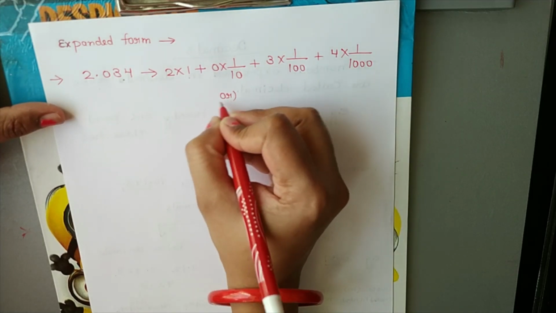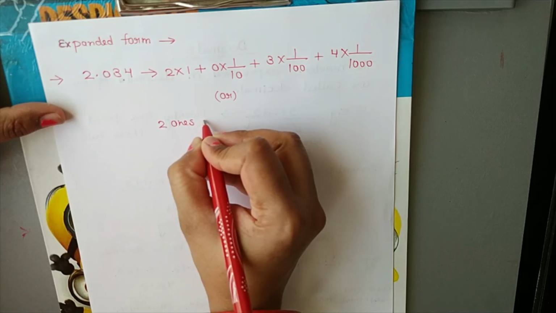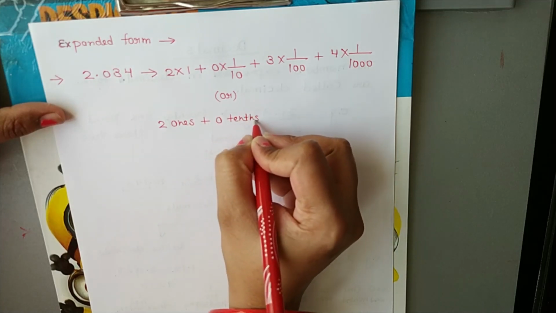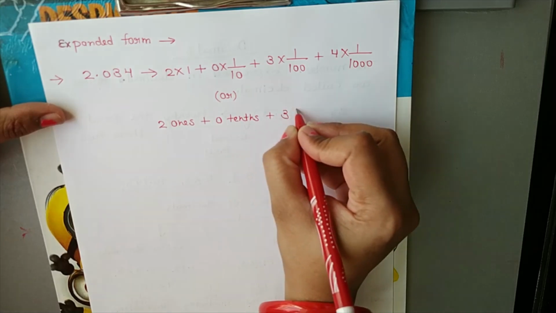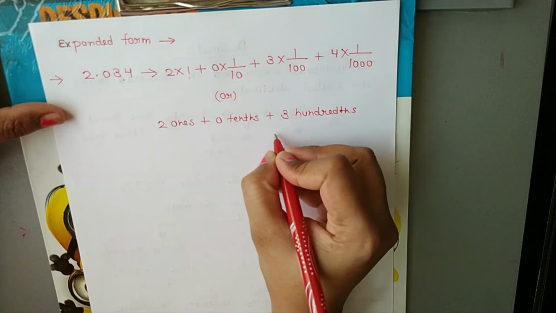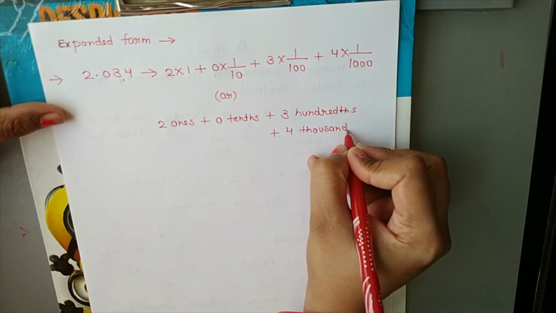Or you can write it as 2 ones plus 0 tenths plus 3 hundredths plus 4 thousandths.